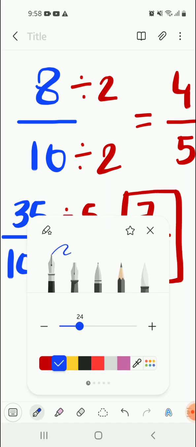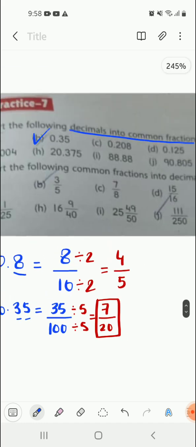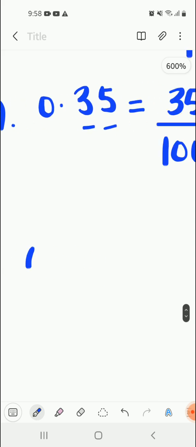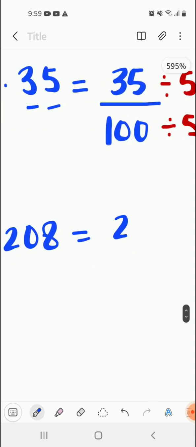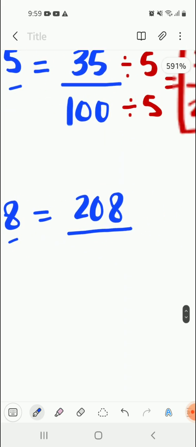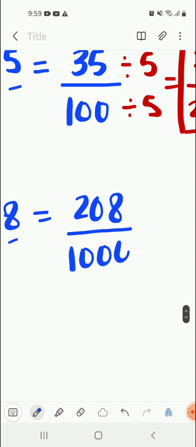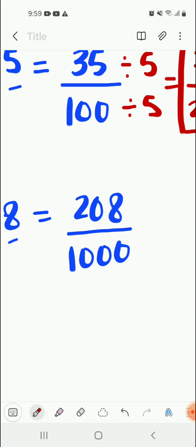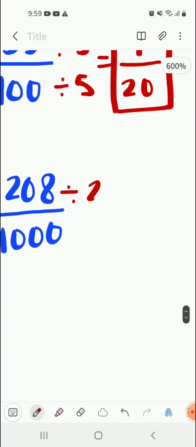Moving on, number C. We've got 0.208. This is written as 208, and there are 3 decimal places, 1 2 3. So there will be 3 zeros. Now reduce these numbers. You can see both are even numbers. It ends with 8 and 0 here. So divide both by 2.